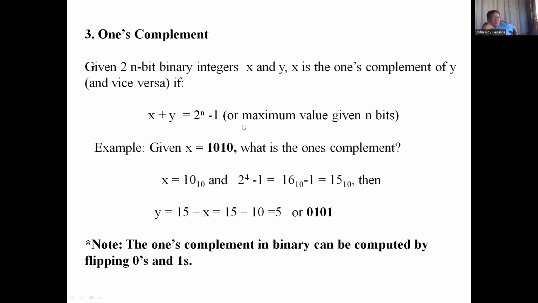Random question. What's the 1's complement of 24? Seven. Because the next power of 2 after 24 is 32. 32 minus 1 is 31. 31 minus 24 is 7.